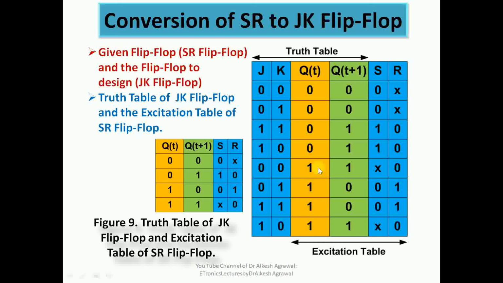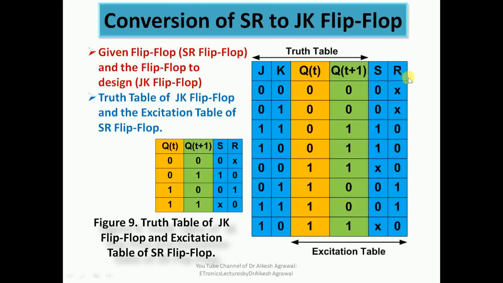When Qt is 1 and Qt plus 1 is 1, we have cross 0, so we have written cross 0 here, and here also. And when Qt is 1 and Qt plus 1 is 0, as per the excitation table, S must be 0 and R must be 1. So for these two rows we have written S is 0, R is 1. Same for this row. Like this we have generated a table that consists of the truth table of the JK flip-flop and the excitation table of the SR flip-flop.